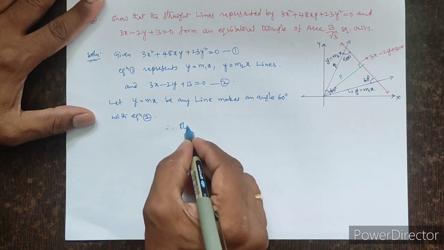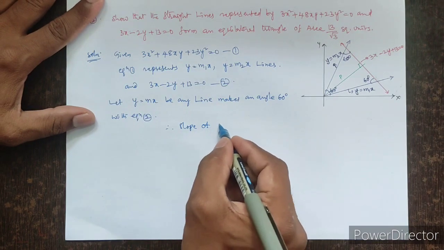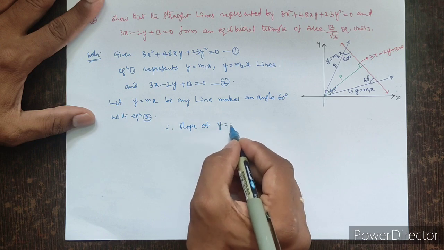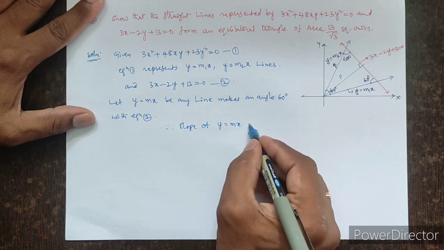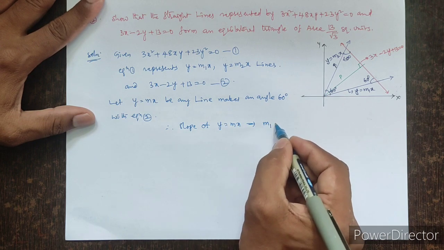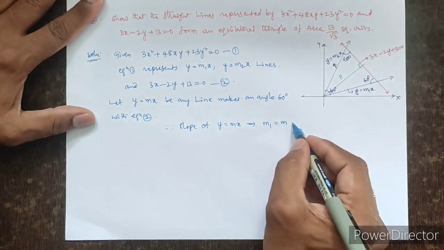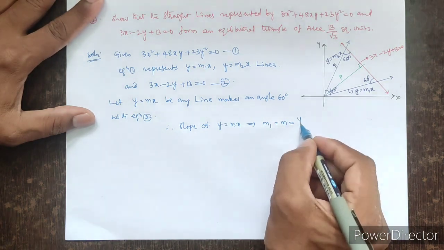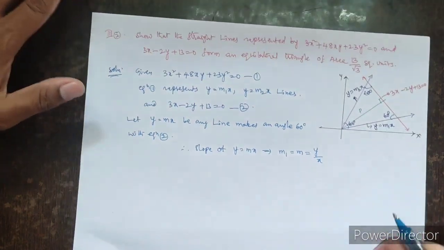Therefore, the slope of y equal to mx, that may be m1, equal to m, equal to y by x.